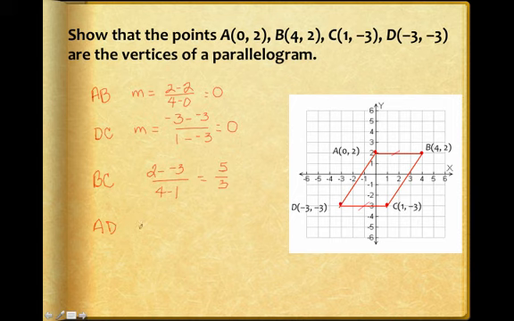So my slope is 2 minus a -3 over 0 minus a -3, so my slope is 5 over 3. So in fact, AD and BC are also parallel. So I've got two sets of parallel lines, so in fact I have a parallelogram.